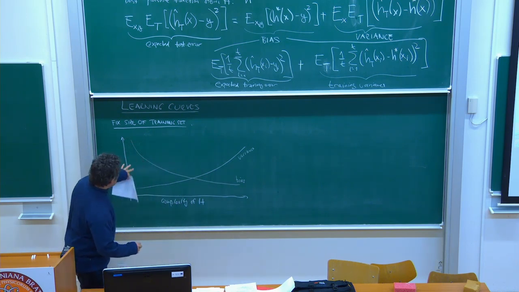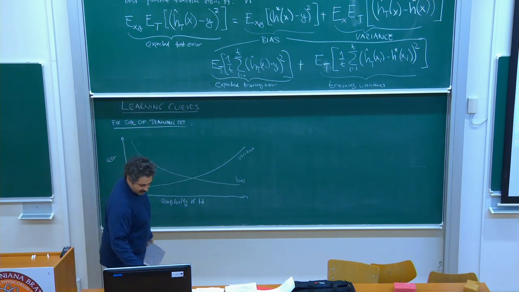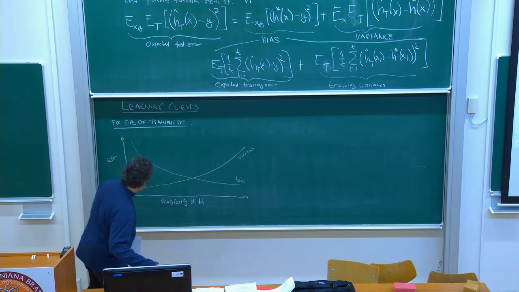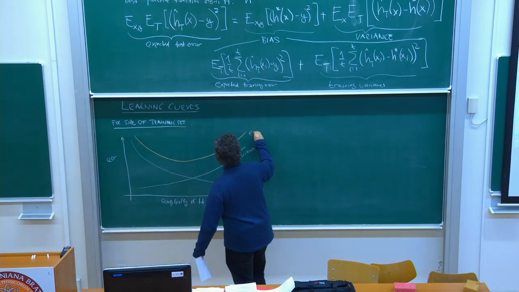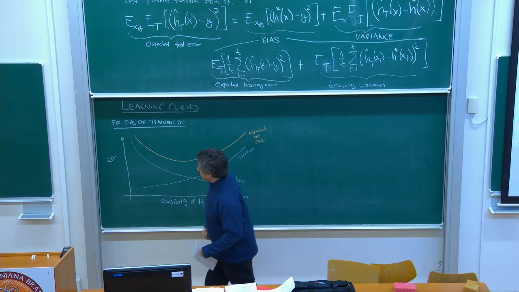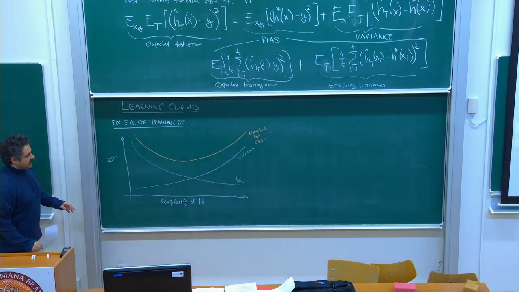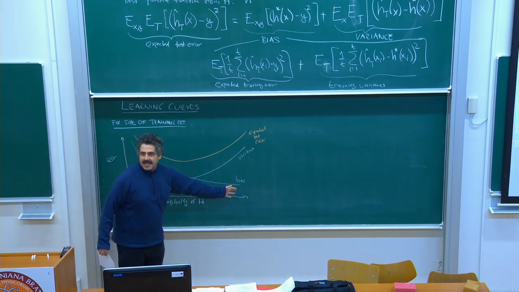And if you sum these two things, you get the expected testing error. So you get something like this. So this is expected testing error. And you can see that it's not the best choice to take as complex a class of hypotheses as possible.